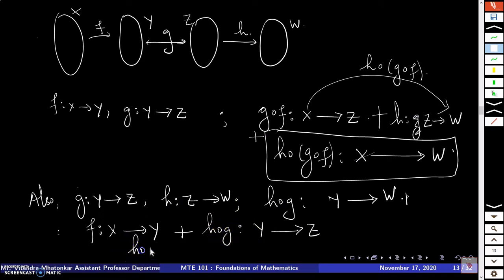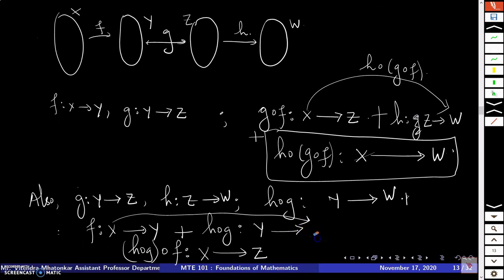So I can talk about h composite g composite f, and that will be a map from X to W. So its domain is X and codomain is W. Sorry, I think I made an error here.